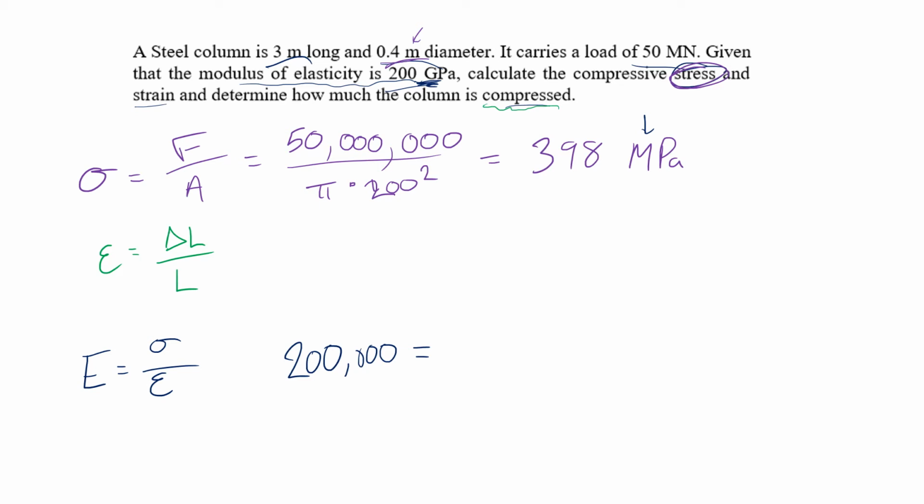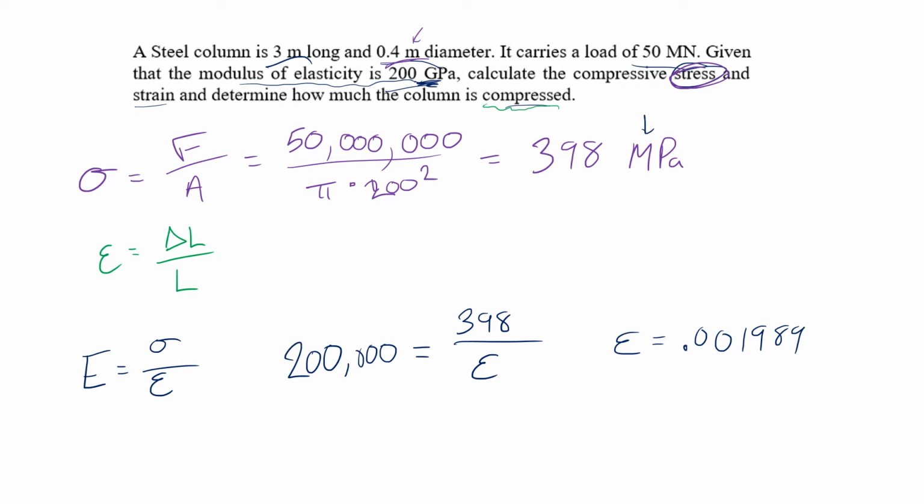The stress is 398 divided by your strain, which means that your strain is going to be what you get once you divide those numbers together, which is 0.001989, 0.002 basically. All right, no units for this because remember strain is unitless, length divided by length.